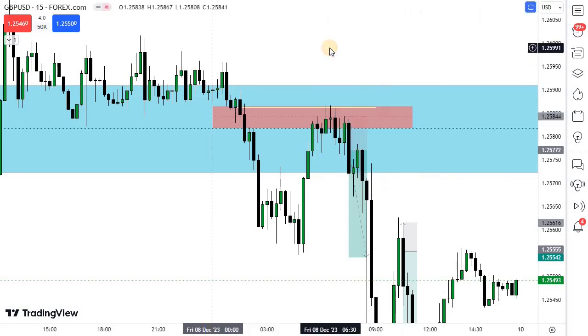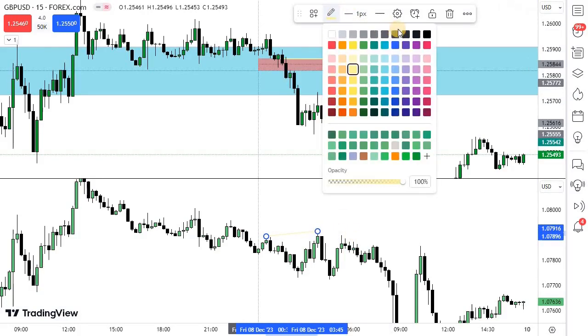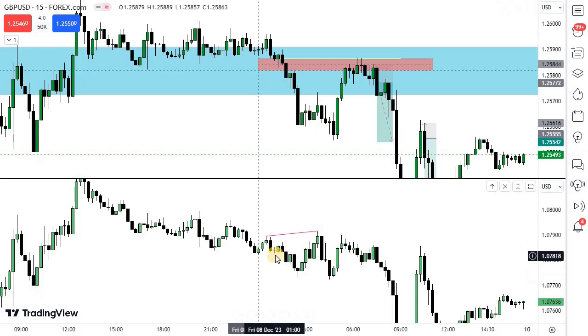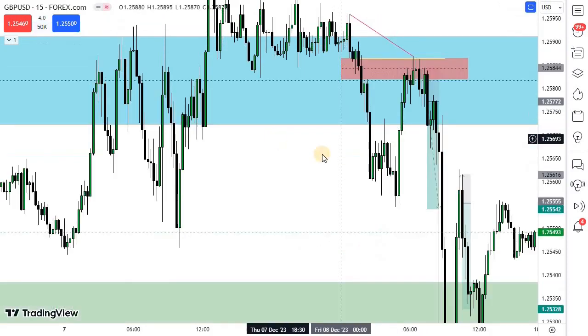And one more thing, can you see what that is? Yes, there was SMT divergence between these two, GBP/USD and EUR/USD. You could see that where EUR/USD was making a higher high, GBP failed to make that higher high. So it was indicating that it was very bearish and it would look for sell side.